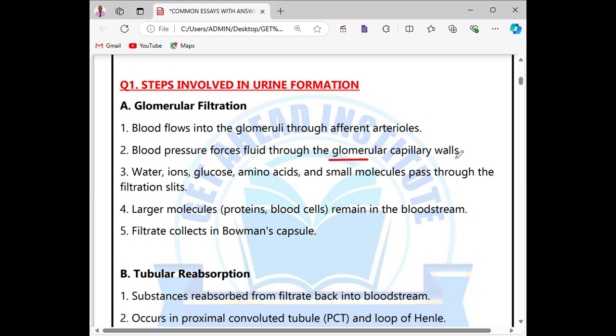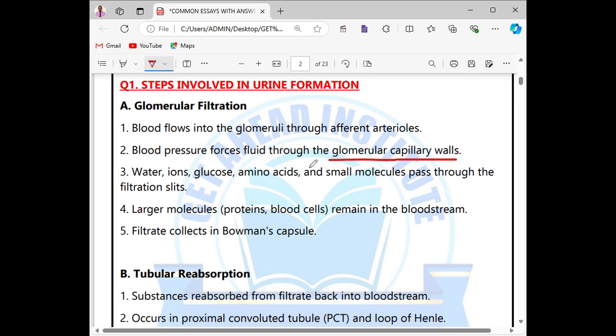Then after that has occurred, because filtration is all about removing certain contents or certain aspects in a particular fluid.